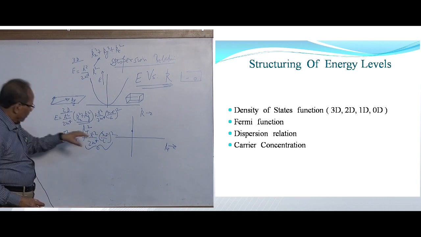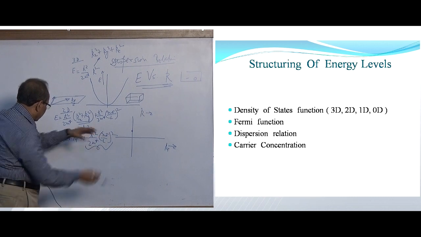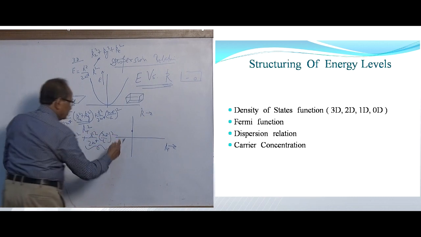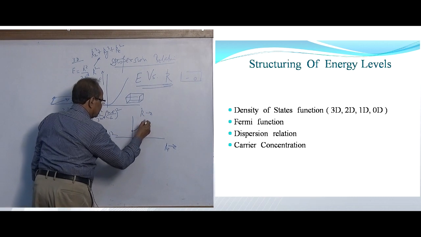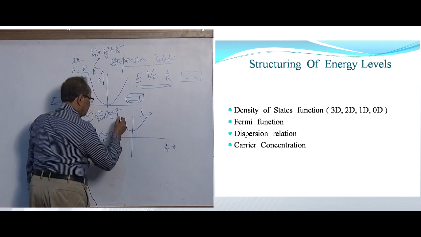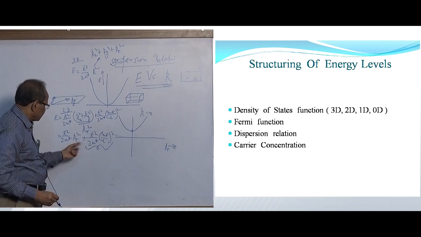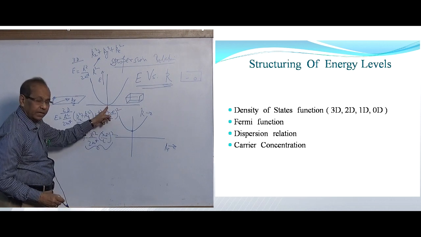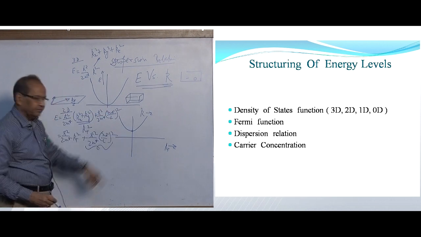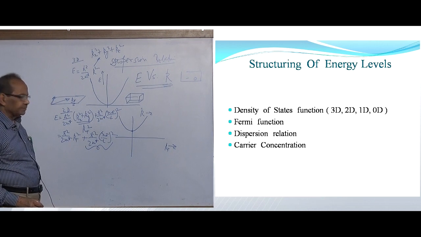From this energy, for n equal to 1, go on increasing kt and it looks like a parabola. So it does not start from 0 like in 3 dimensions; it starts from a higher value.